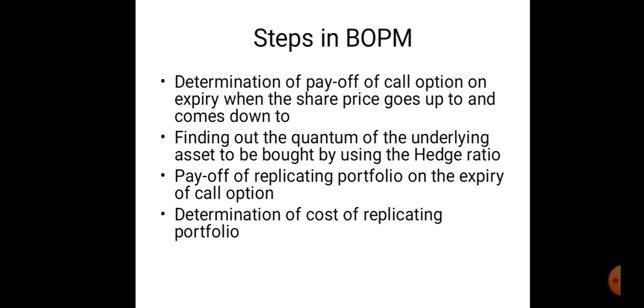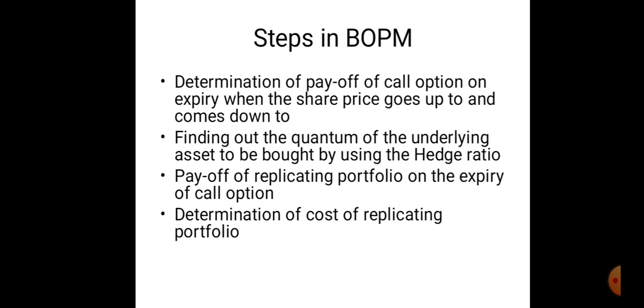So these are the steps in the binomial option pricing model, which I have quoted while solving the problems. First step is the determination of the payoff of the call option on expiry when the share price goes up and comes down.